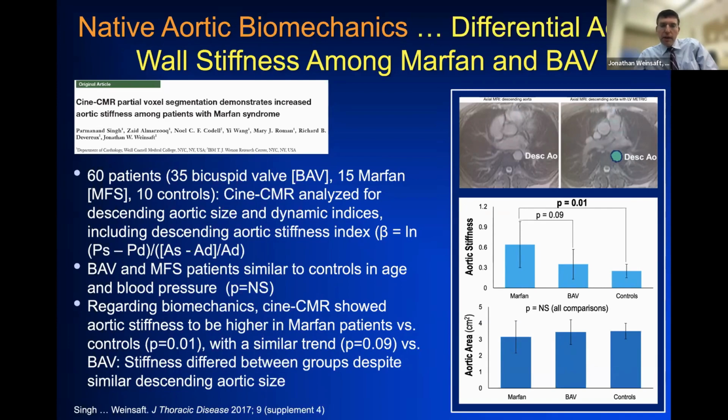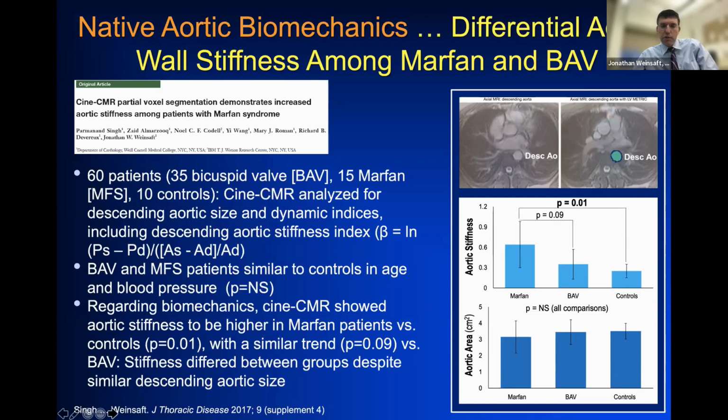But regarding biomechanics, Cine CMR or functional CMR demonstrated stiffness to be far greater in patients with Marfan syndrome, as shown in the bar graphs on the right, as compared to controls, and a similar sort of trend when Marfan syndrome patients were compared to those with bicuspid aortic valve.